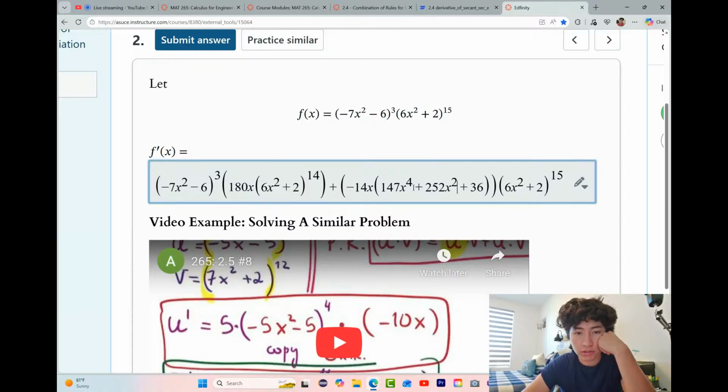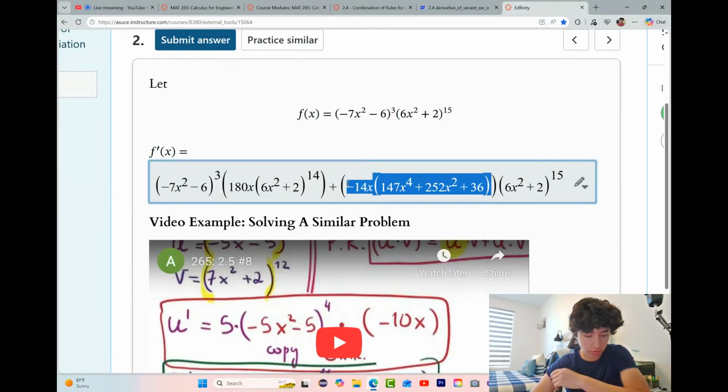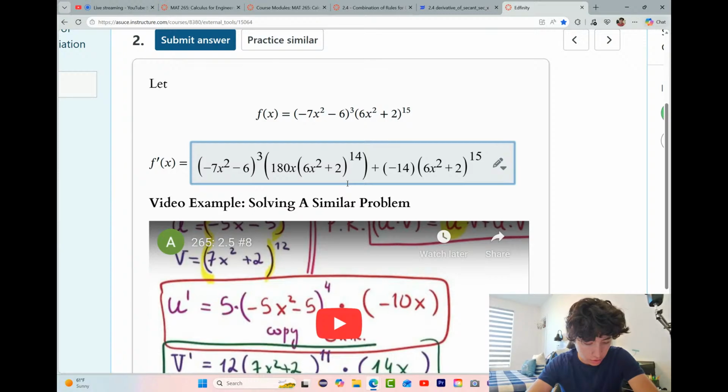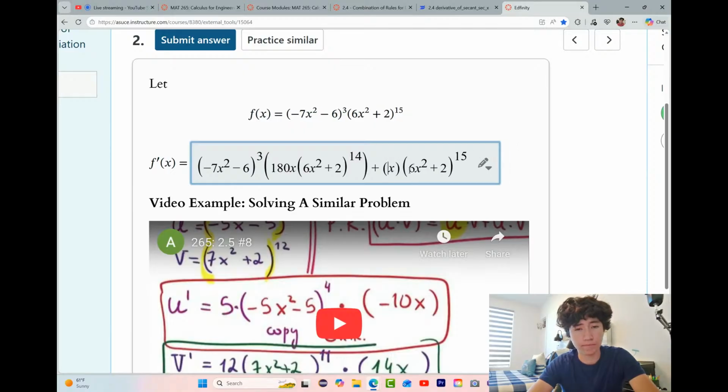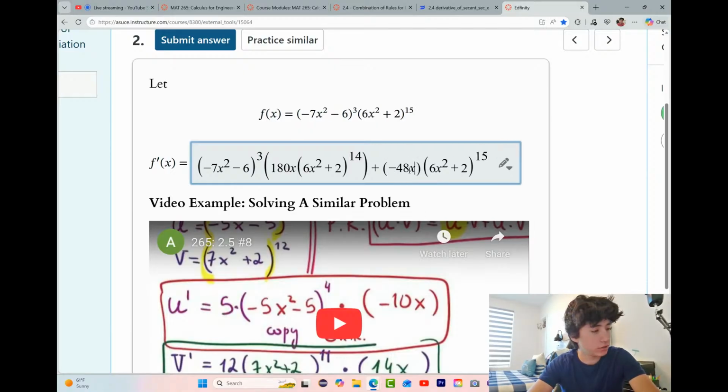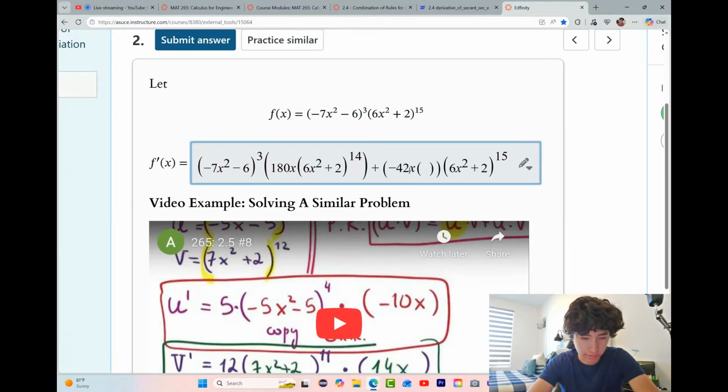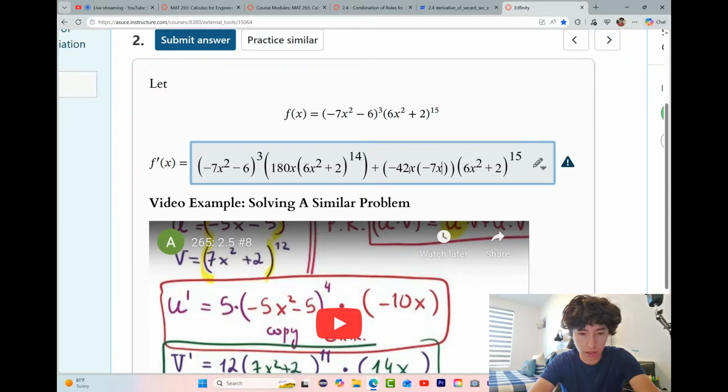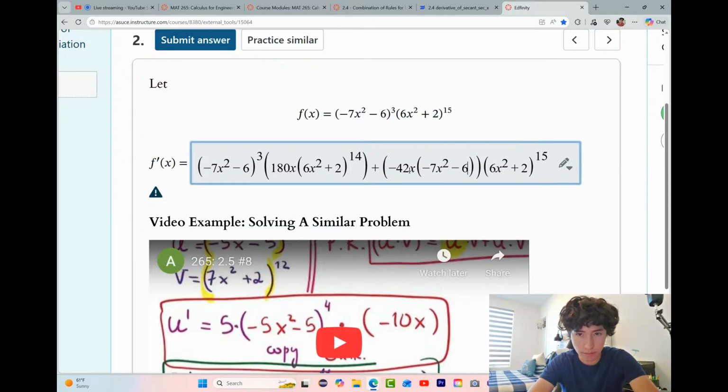What did we get wrong? I'm just going to express this in what we had before. We have negative 14x, and negative 48, 14, 28, 42. Phew. Times negative 7x squared minus 6 to the power of 2.